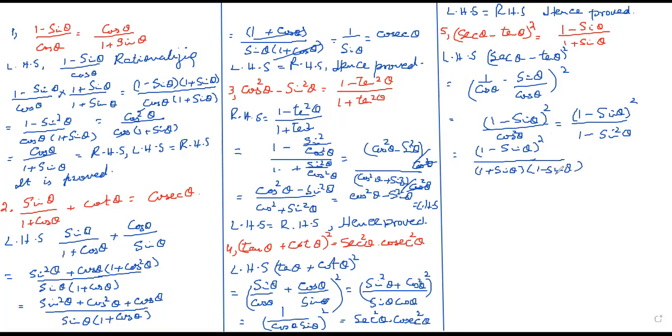Right, so 1 minus sine theta got cancelled with 1 of the square, which is equal to 1 minus sine theta divided by 1 plus sine theta, which is equal to the right hand side. So left hand side equals right hand side. So it is proved.